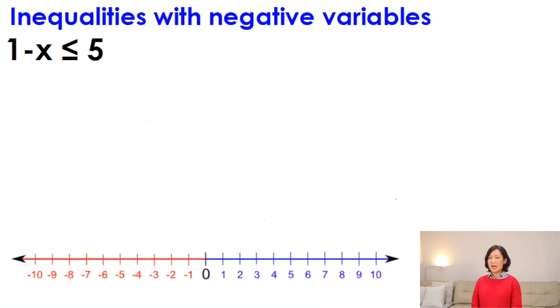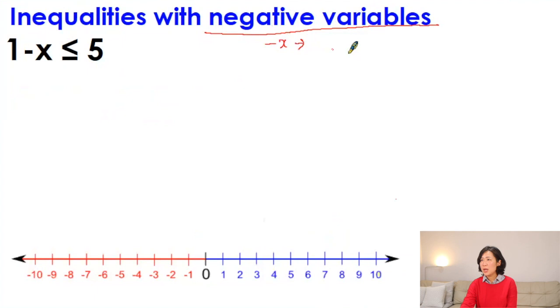Now this time we're going to talk about something different: inequalities with negative variables. So what are negative variables? Have a look at this. A negative variable means the variable is not x, but minus x.